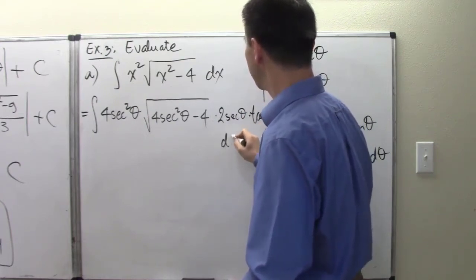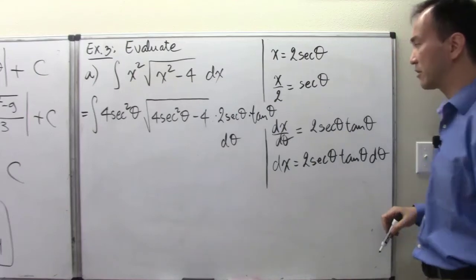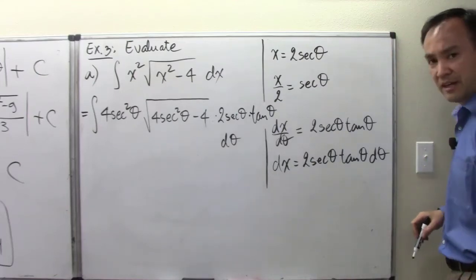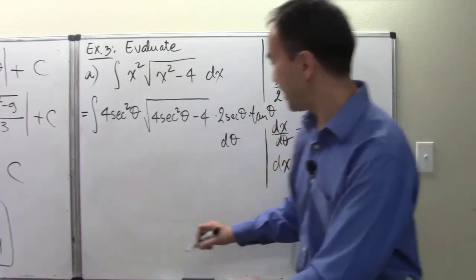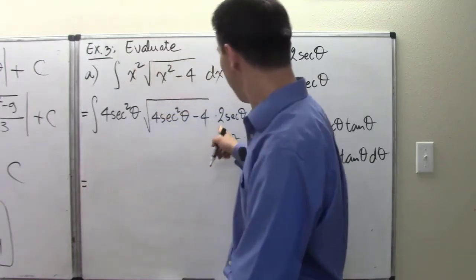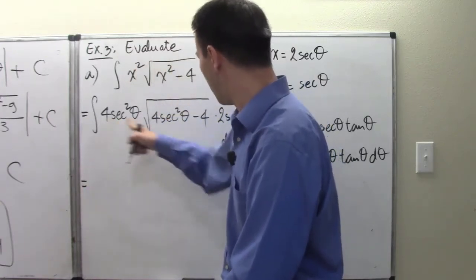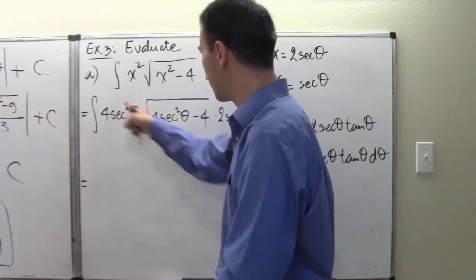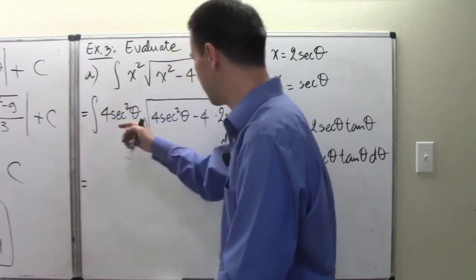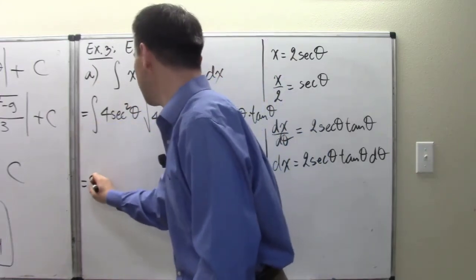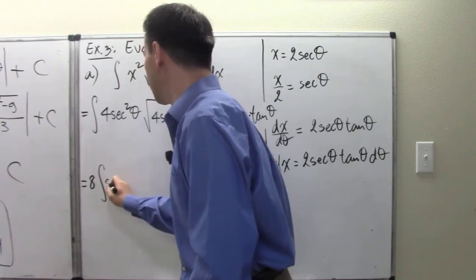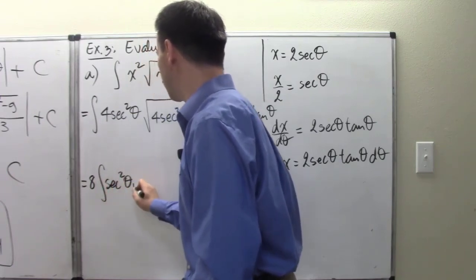Okay, and then with the d theta, allow me to jump it down the line a little bit. And so now in my next step, I can see that I have the 4 and the 2 here. The 4 and the 2 can be multiplied together and brought out front as one number. So 4 times 2 is an 8. So really it's 8 times the integral of secant square of theta times square root.